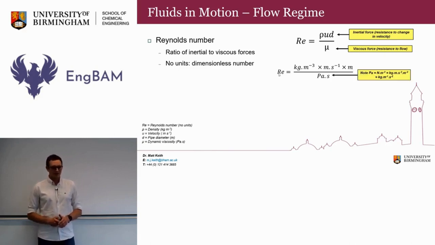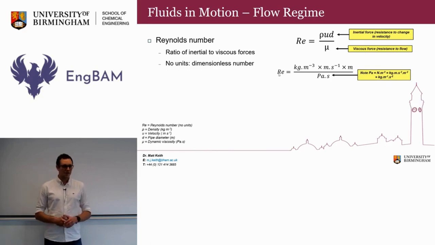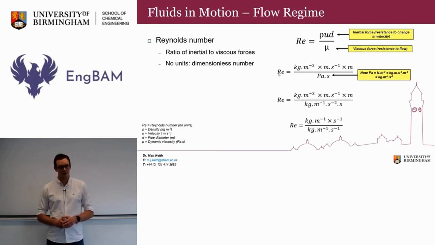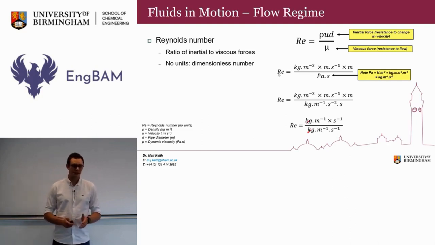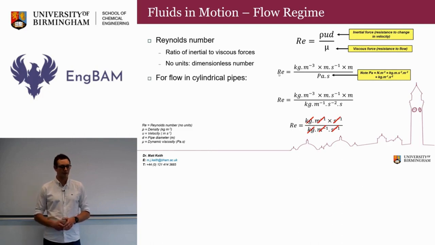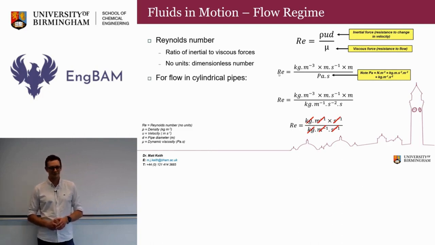But we know that Pascal seconds is equivalent to kilograms per meter per second. We write that out properly so we can see which units start to cancel with each other, and then we note that we end up with kilograms per meter times per second divided by kilograms per meter times per second, which means that they all cancel out, and we show that Reynolds is indeed dimensionless.